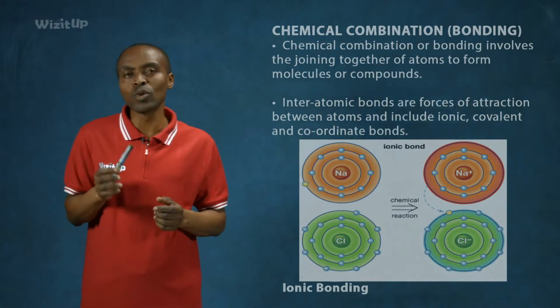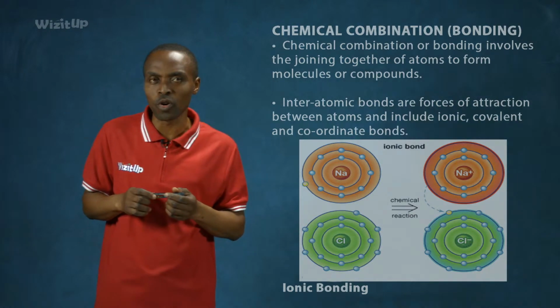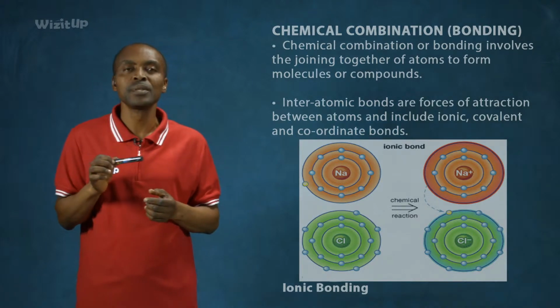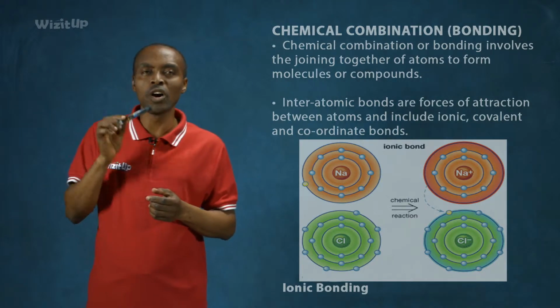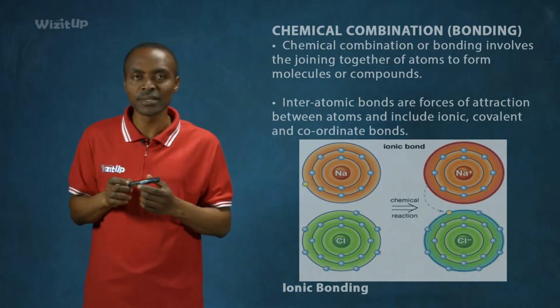You have to understand that bonding, or the joining together of atoms, occurs because the atoms want to attain the duplet or the octet electron structure of the noble gases.